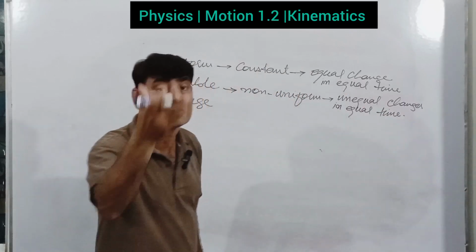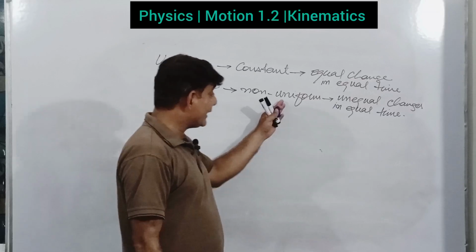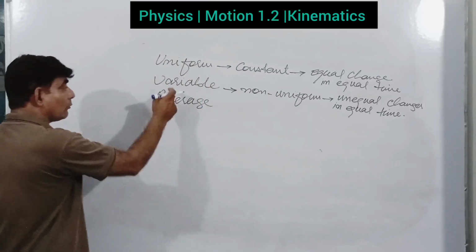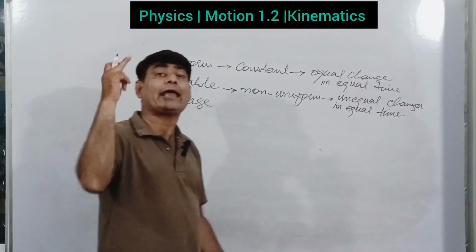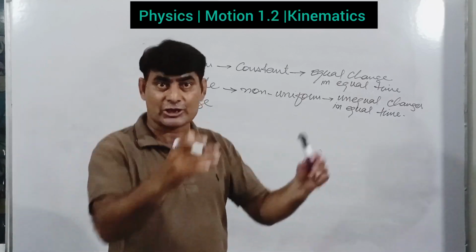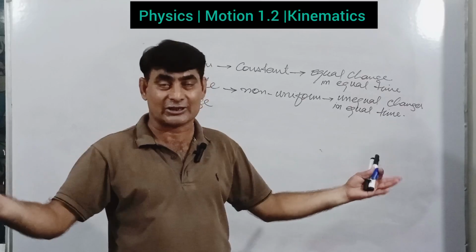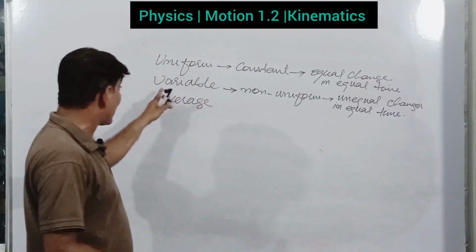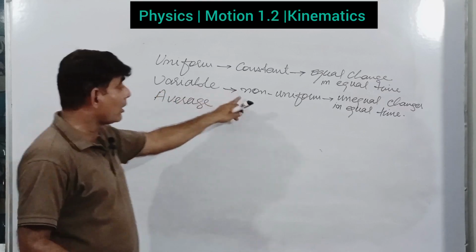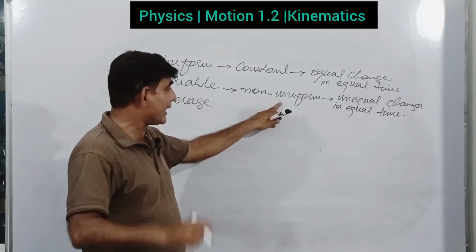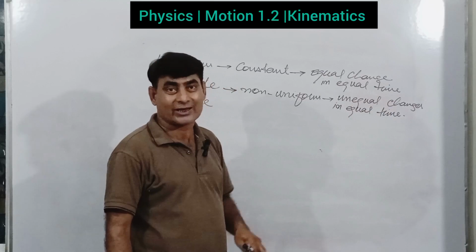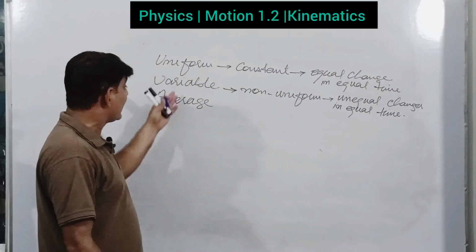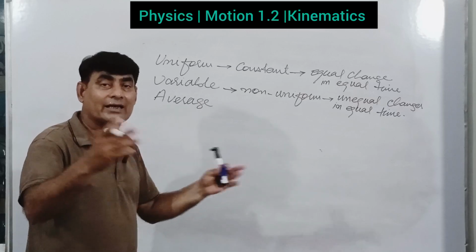Unequal changes in equal time. So it is non-uniform, it is variable. The word variable comes from vary, change, variety, there are different varieties. So variable means non-uniform, not constant, unequal changes occur, showing variable behavior of the physical quantity.